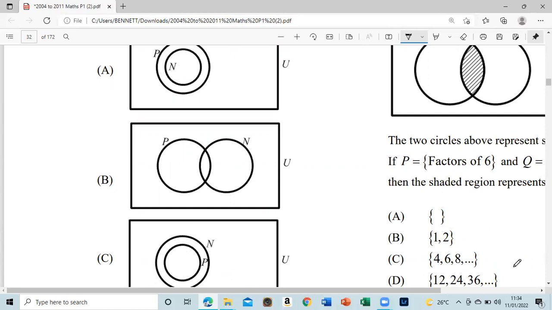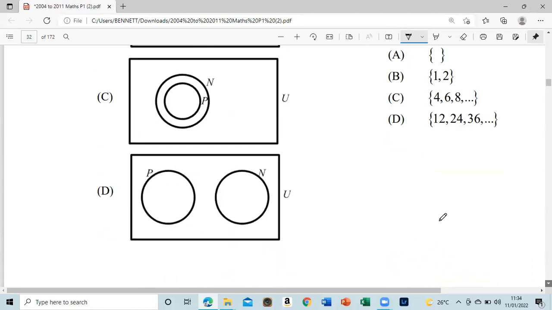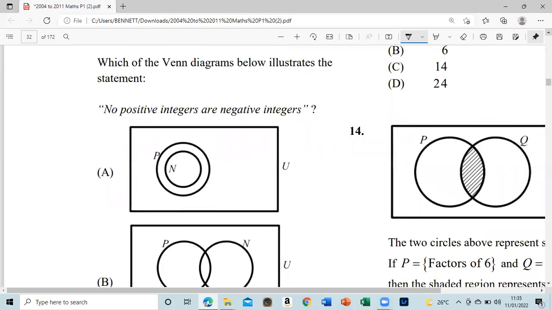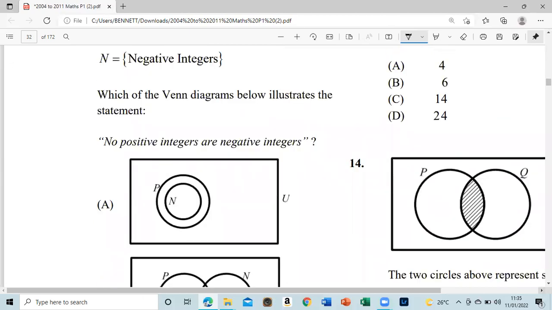So it has to be D. I need to go over some of them on paper here before I do it. Time, guys. So it is D, right? No element is common in P and N. So there's no intersection. That was pretty straightforward, all right? So it's not complicated. All right, let's move on to this one now.